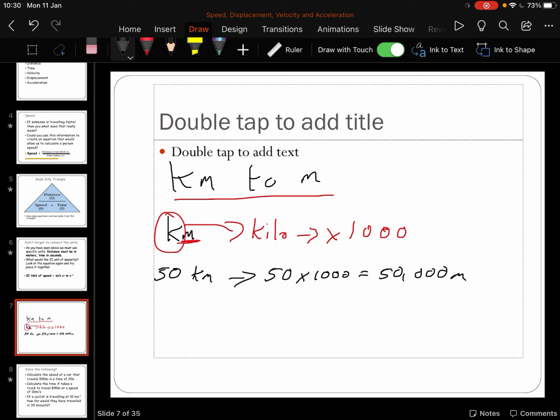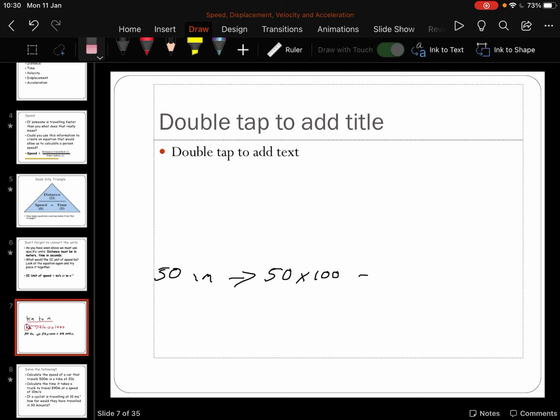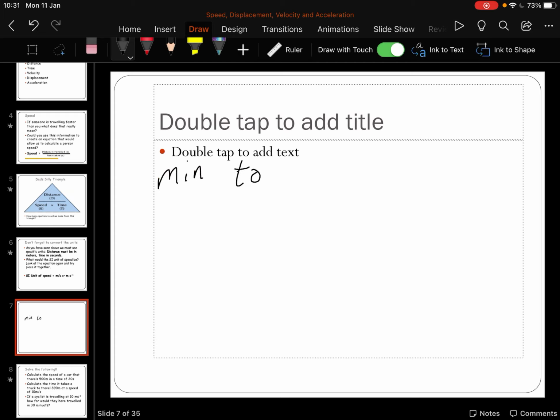Now, the next one I want to show you is for converting time. The first one is minutes to seconds. Time is a bit different.